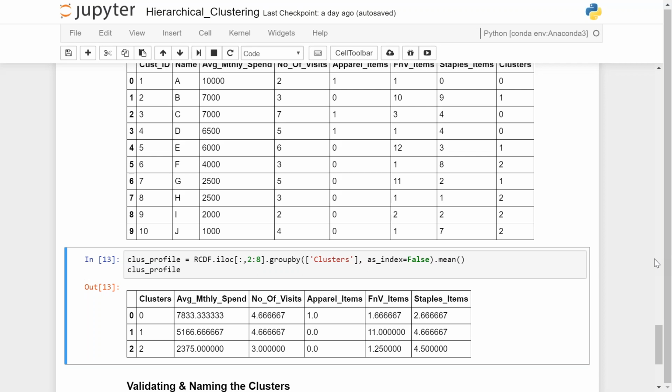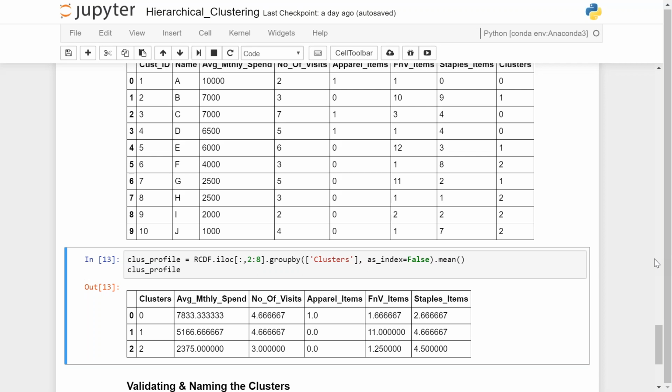While I have put in these attributes, I can add one more attribute here, which is how many observations, how many customers are there in each of these clusters. It's also equally important. Of the total customers, you should know how many are sitting in each cluster. You can write some Python code and get that.